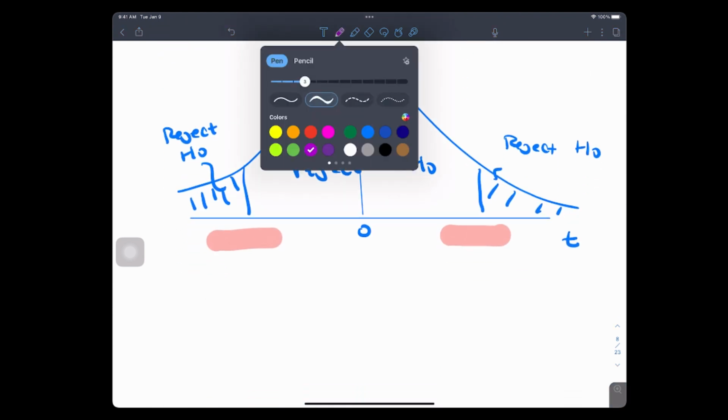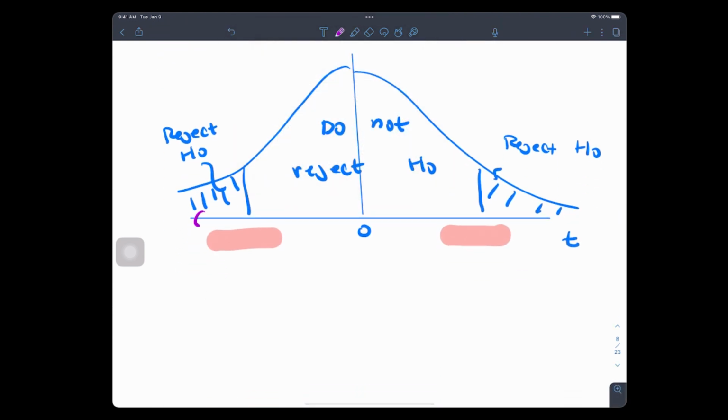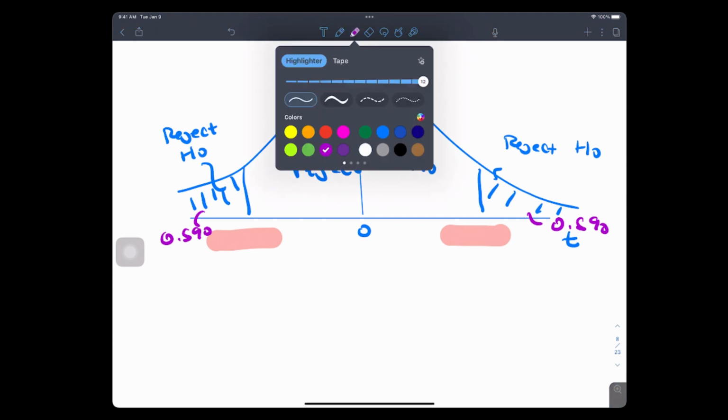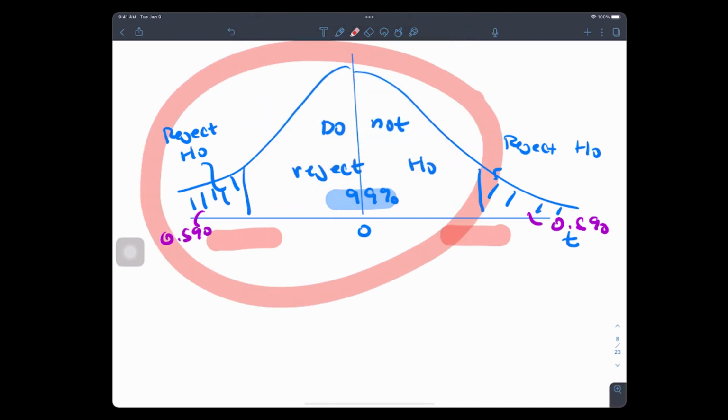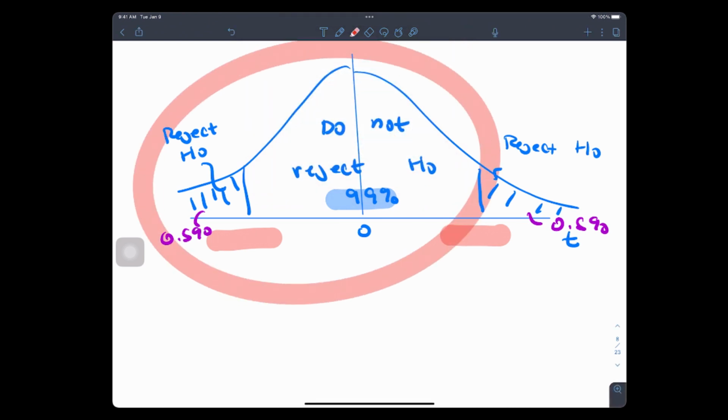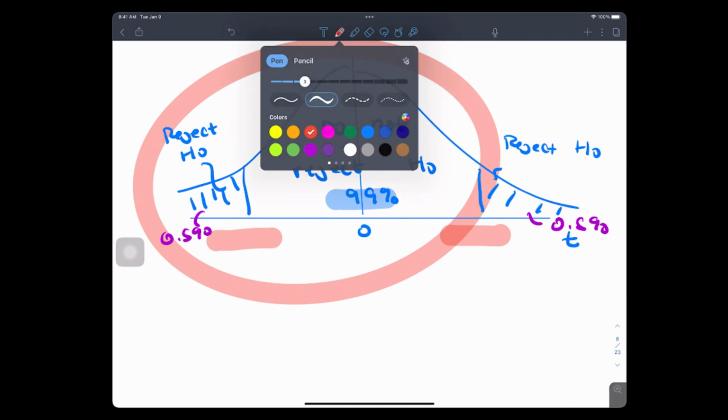So what does that mean? Isn't that 0.5% in each tail because there's two? Okay, and if you're awake, what goes here? 99%. Do you guys know why I'm doing this? To get your critical values again, what do you guys have to use?